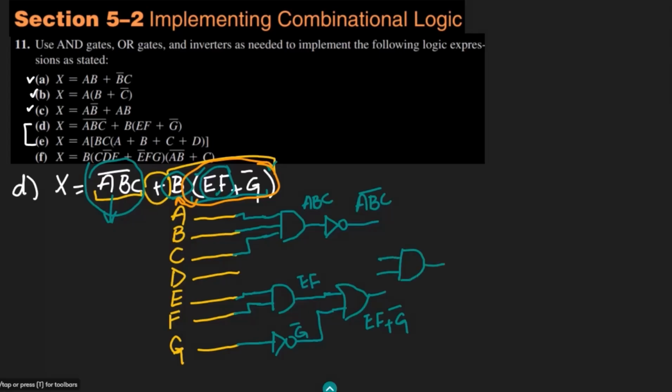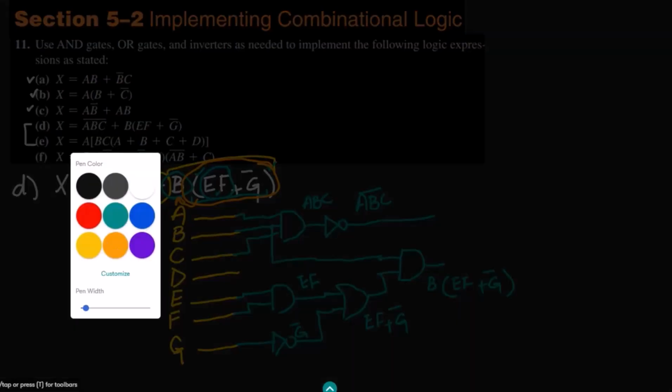Here I have to multiply this one with B. So this is B which is given to it, and what I will get here is B, EF plus G complement.